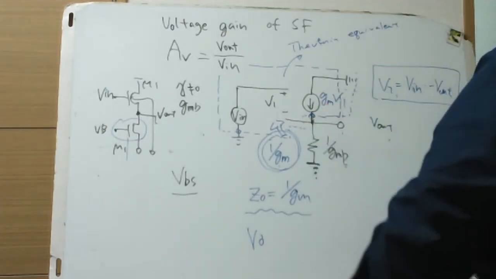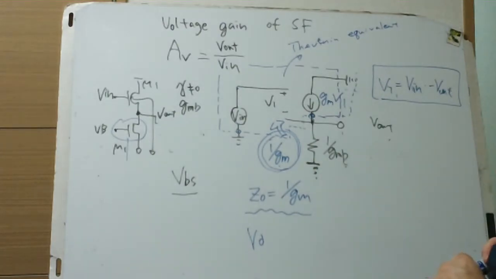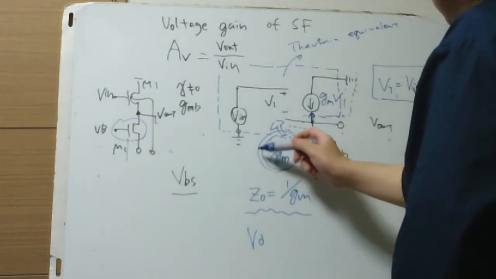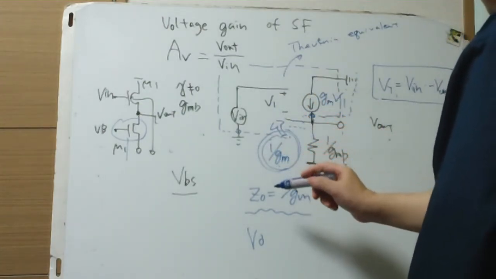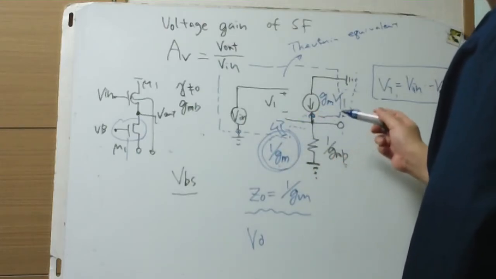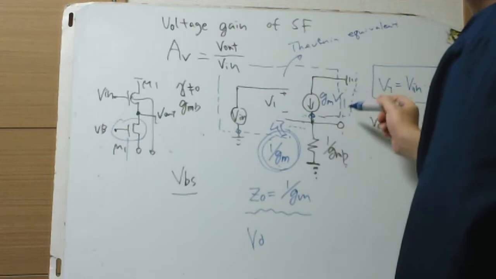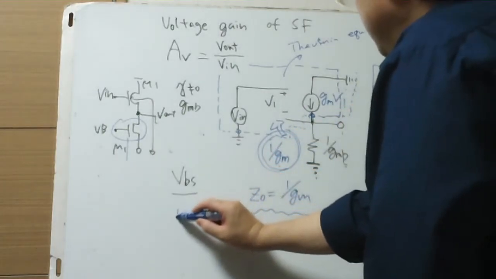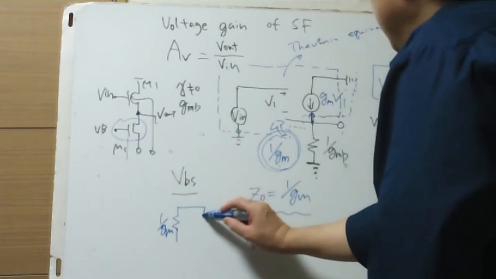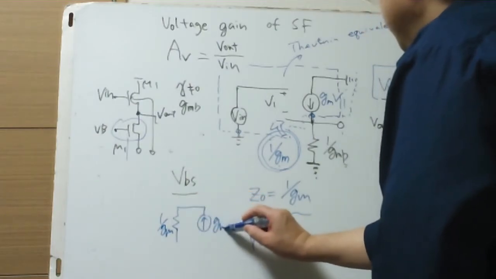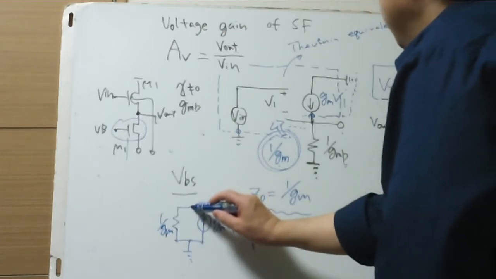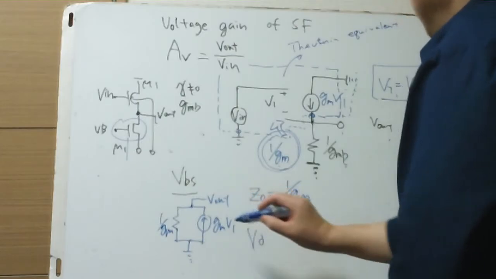If the resistance 1 over gm is here, and here gm V1, and this is AC ground, and this is V out, okay.